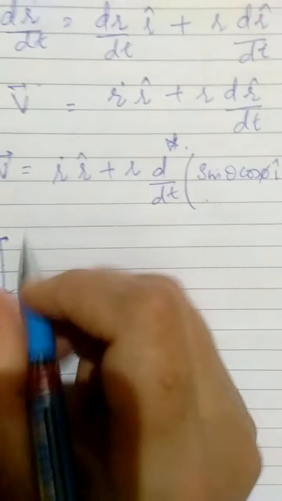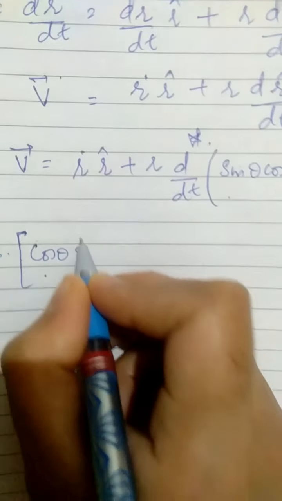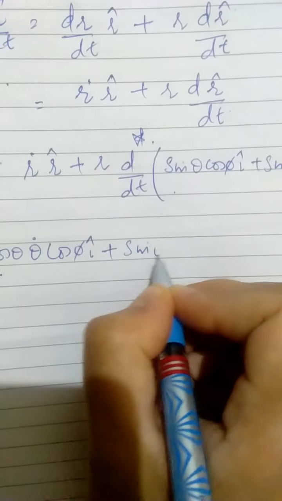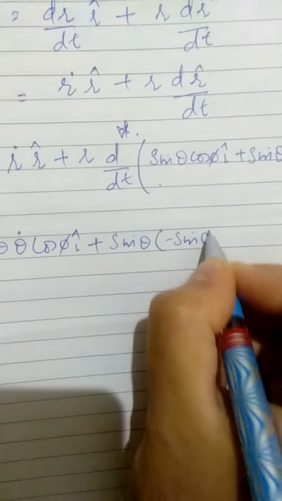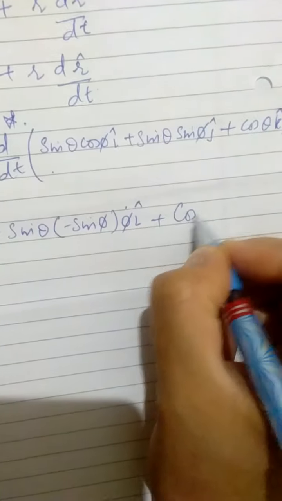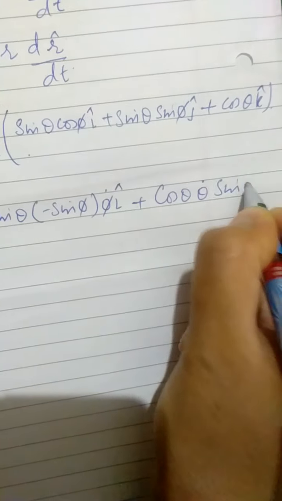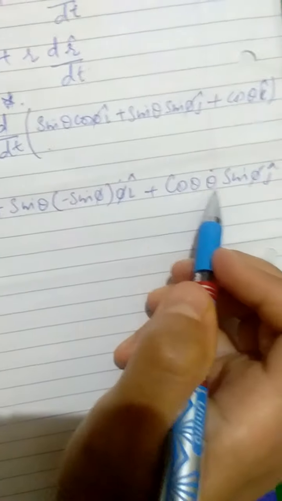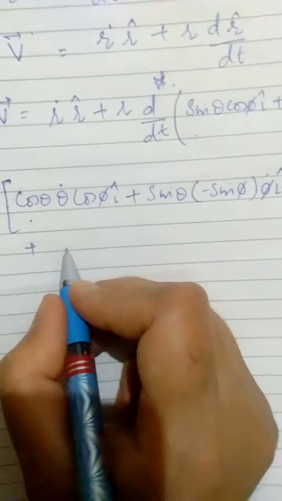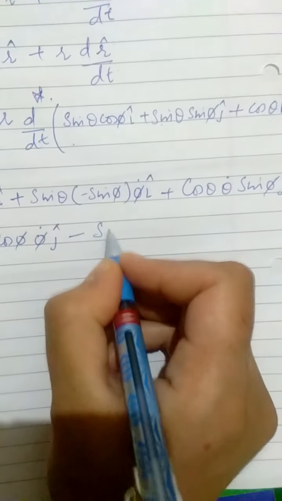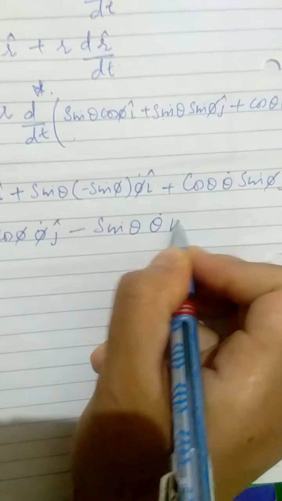This will be differentiation of sine theta is cos theta times internal differentiation theta dot, then cos phi i, plus sine theta times differentiation of cos phi which is minus sine phi phi dot i, then differentiation of sine theta again cos theta theta dot sine phi j plus, then this will remain as such sine theta, and differentiation of sine phi is cos phi phi dot j, and then you have differentiation of cos theta which is minus sine theta theta dot k.